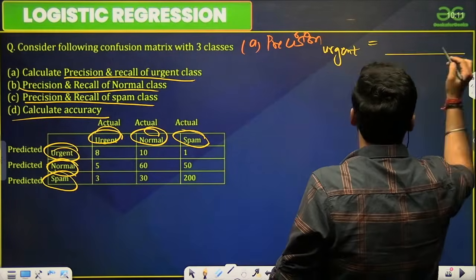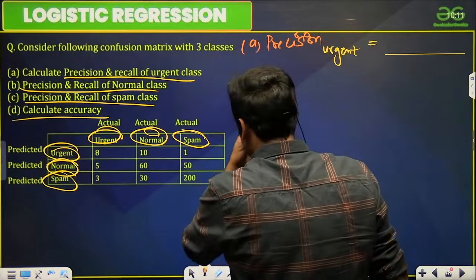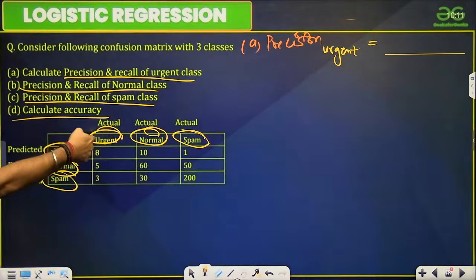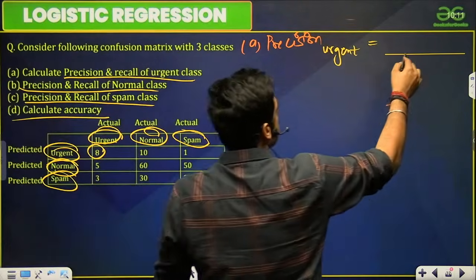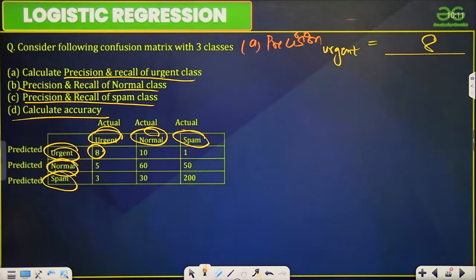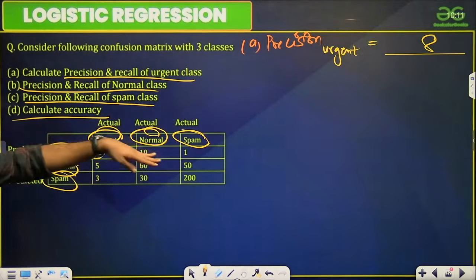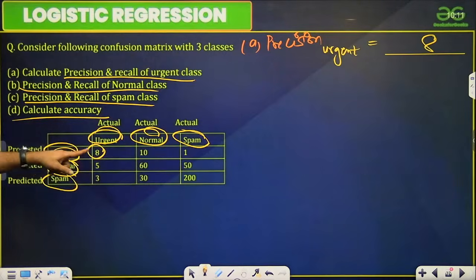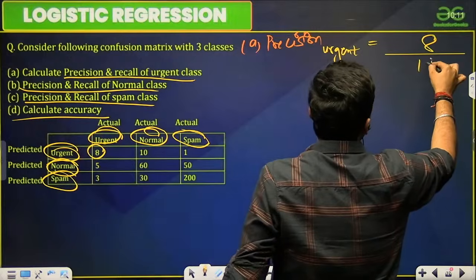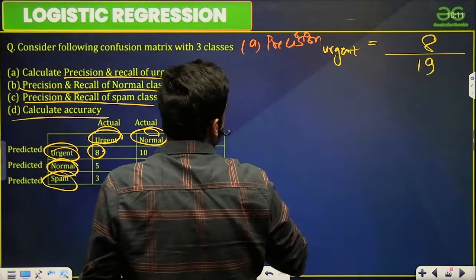Very simple: true positives, actually urgent and predicted also urgent. That is 8. So here I would write 8 upon something. Now how many are predicted urgent? That is 10 plus 8 is 18, and 18 plus 1 is 19. So predicted urgent is 19, right?